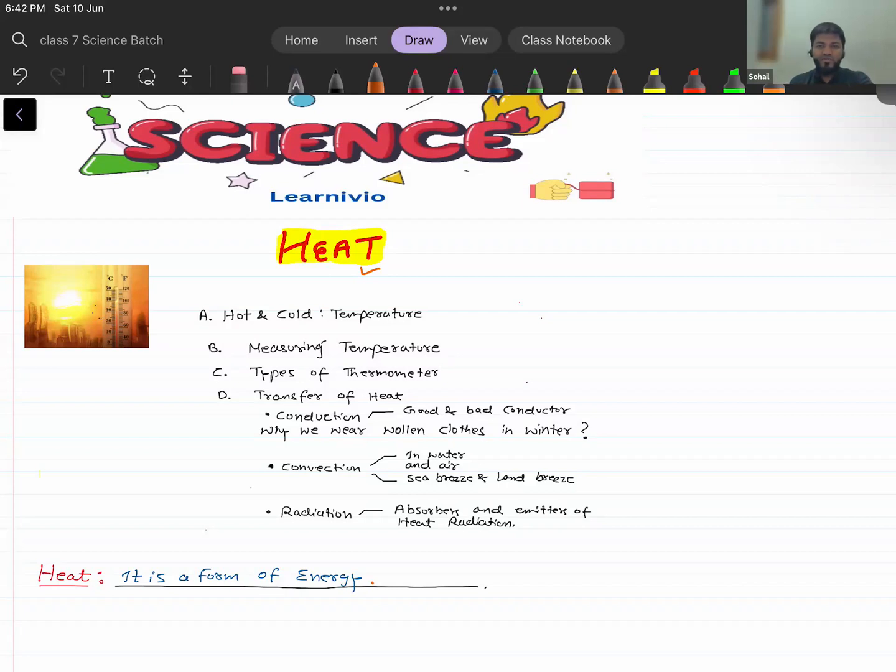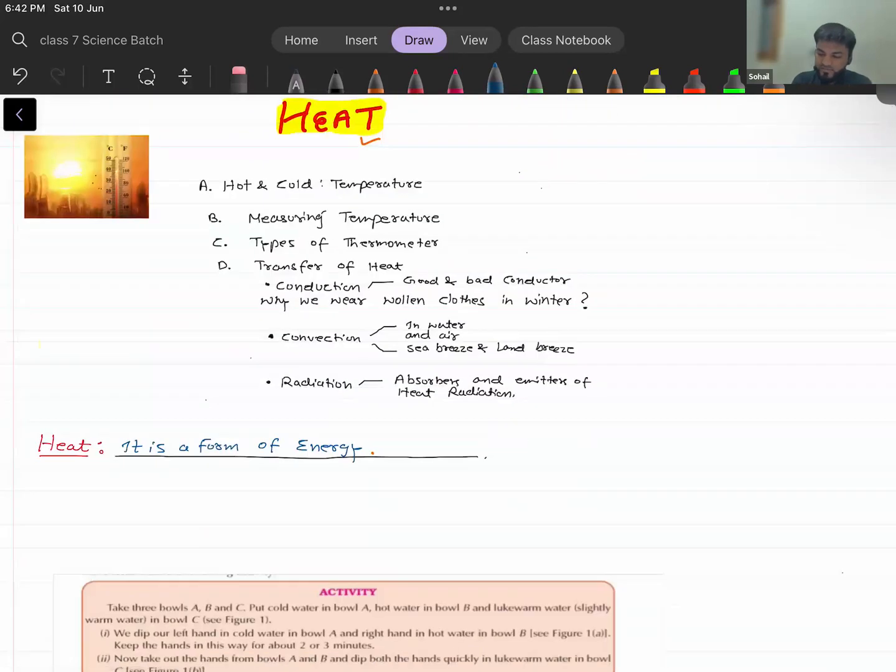And to measure this form of energy, we cannot just rely upon our senses, so we have to take help of thermometers. Heat is a form of energy, and it makes a substance hotter.